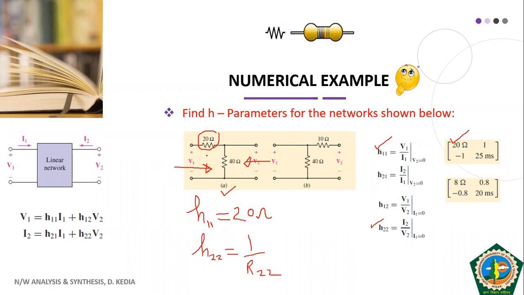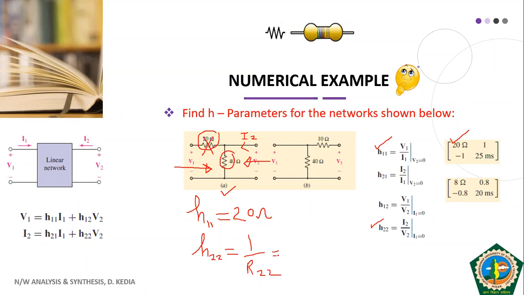So I1 is 0 means that in this resistance there will be no voltage drop. So what are we left with? You have I2 directed inwards from here, so I2 will be going through this 40 ohm resistance only. So I2 by V2 will be nothing but 1 by 40, or you can say R22 will be nothing but 40 ohms.